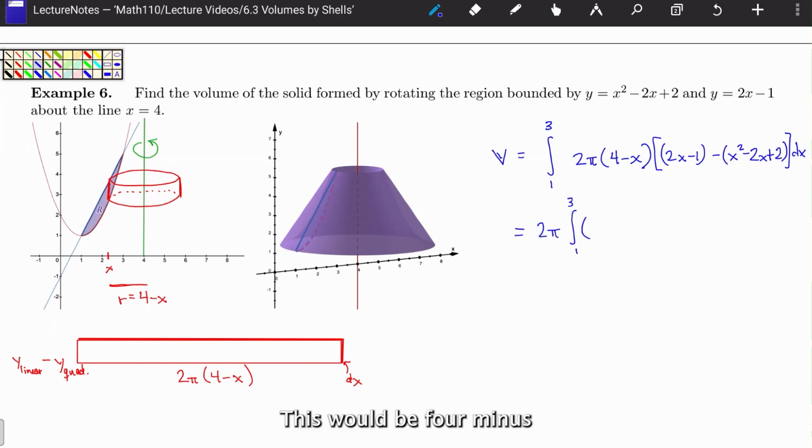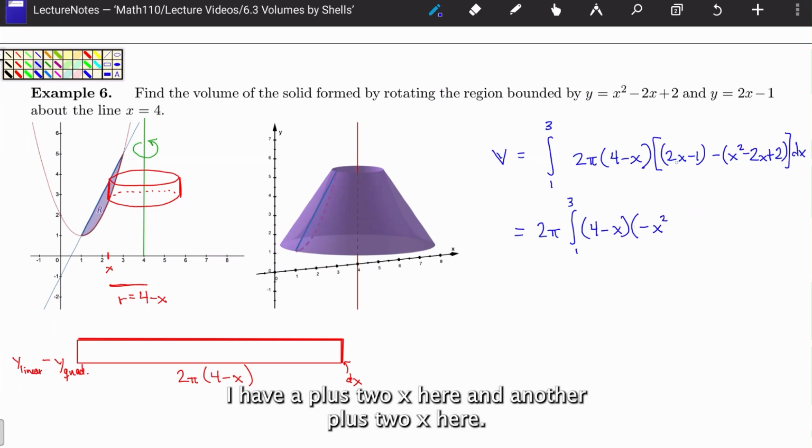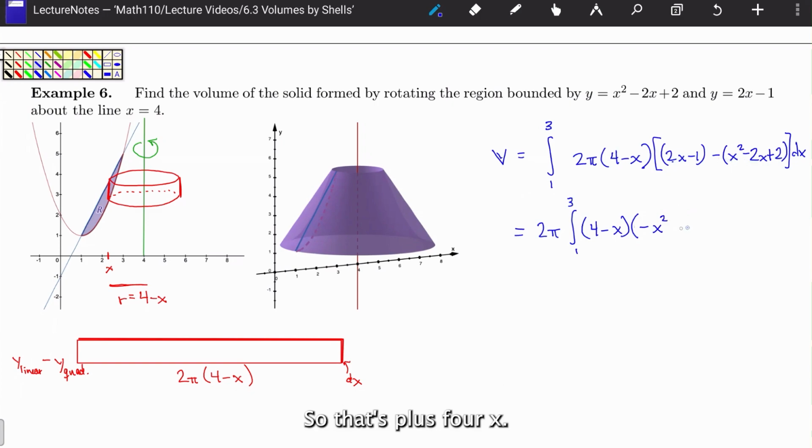This would be 4 minus x times the quantity. Let's see, I have a minus x squared here. I have a plus 2x here and another plus 2x here, so that's plus 4x.